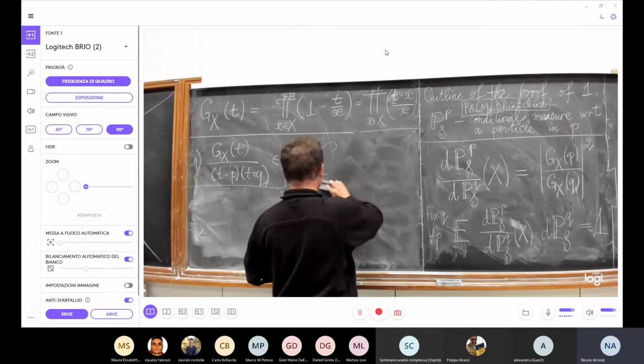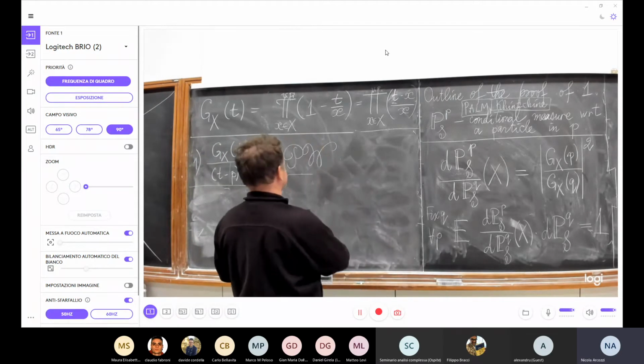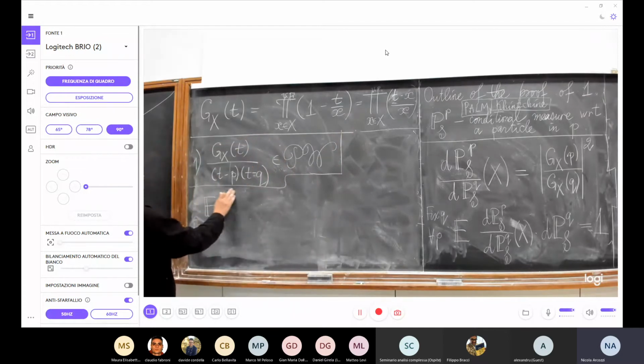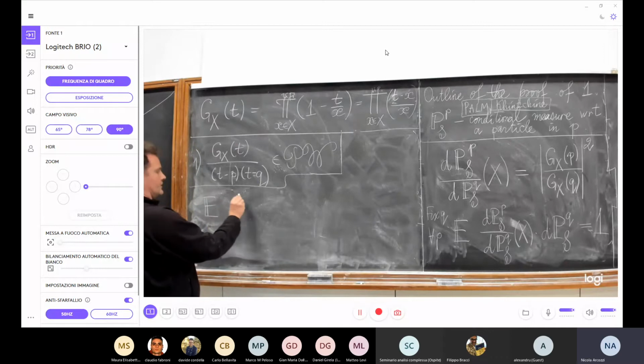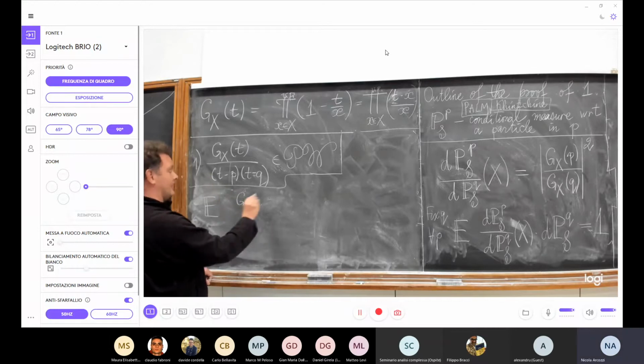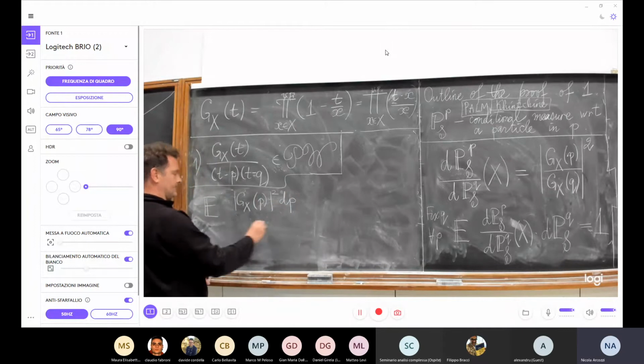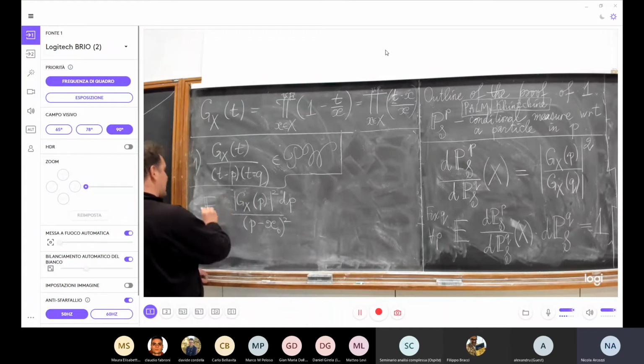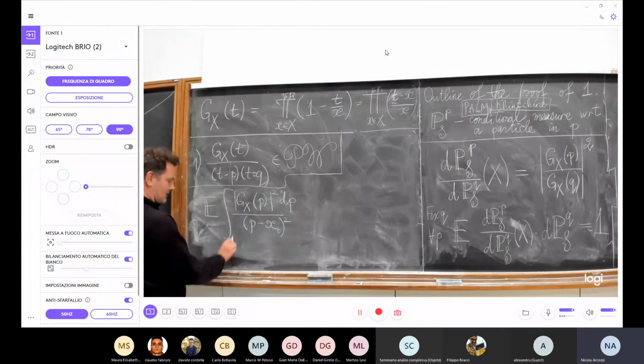So the expectation of gx of p squared dp over p minus x naught square, where x naught is some other particle, and integral in R, such expectation is then finite.